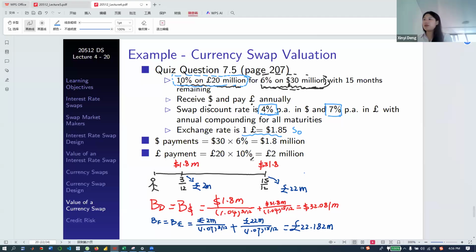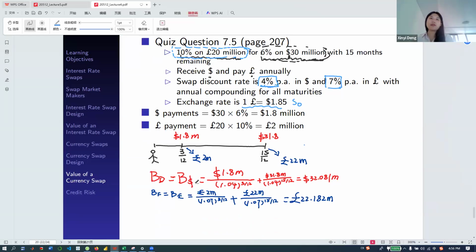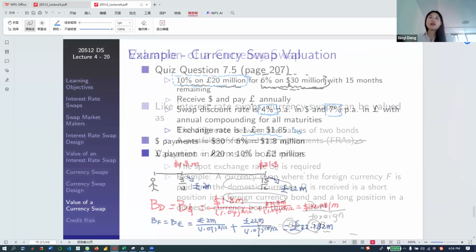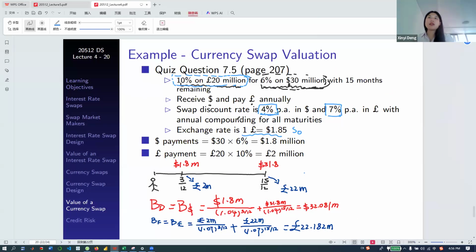Now let's work out the interest payments first, and then I will expand on the timeline that I already drew in advance. For the dollar payments, it's going to be this $30 million times 6%.